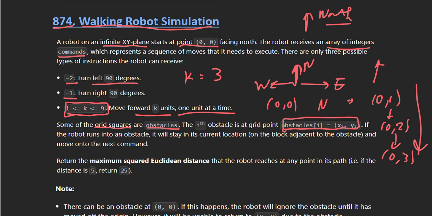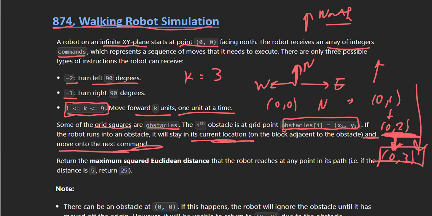So if the robot runs into an obstacle, suppose right now our robot is at 0, 2 and we have an obstacle at 0, 3, then instead of moving ahead, the robot will stay at its current location and move on to the next command. It can't move further if it hits an obstacle, right?